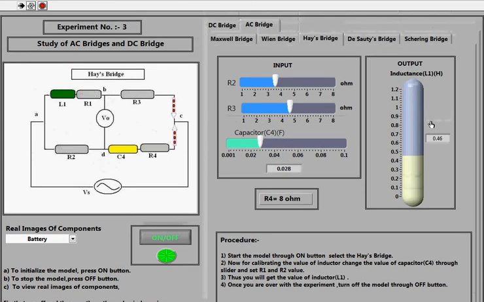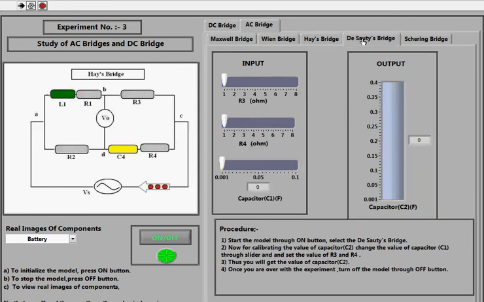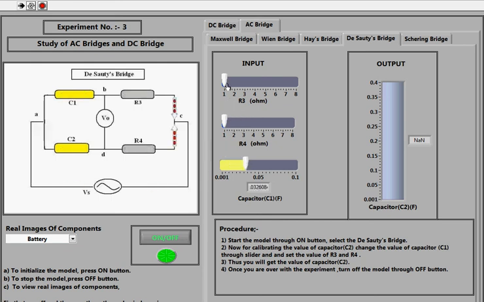Next is the De-Sauty bridge. Input the values of C1, R3 and R4, and correspondingly you will get the value of capacitor C2. Last, we move towards the Schering bridge.